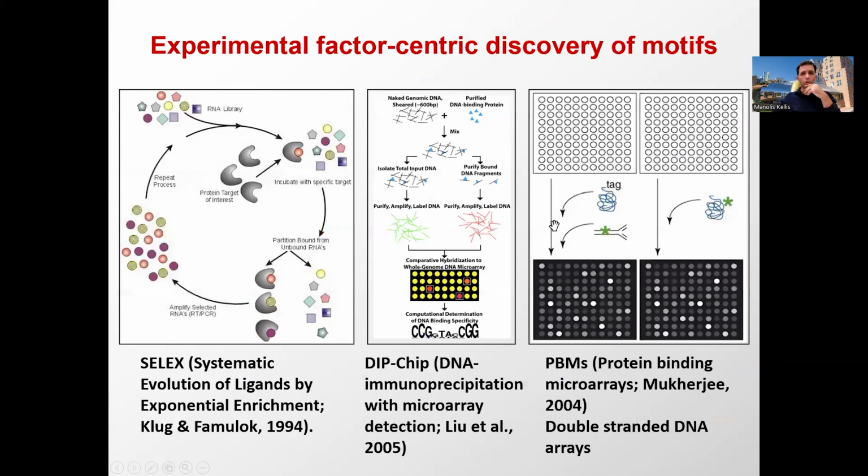Good. So there's experimental ways of discovering motifs. One way is you could basically have some kind of selection that allows you to use a protein target of interest. You have different sequences. They can be DNA or RNA, and then you can pull them out.